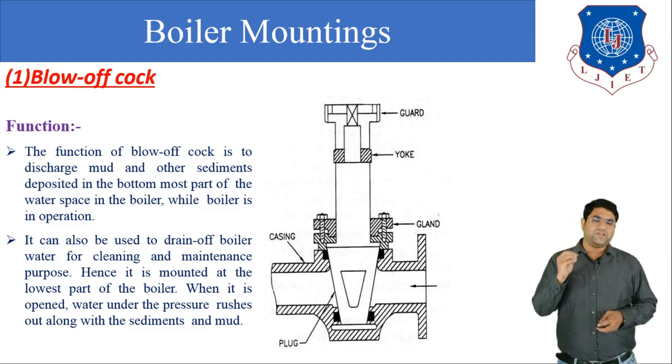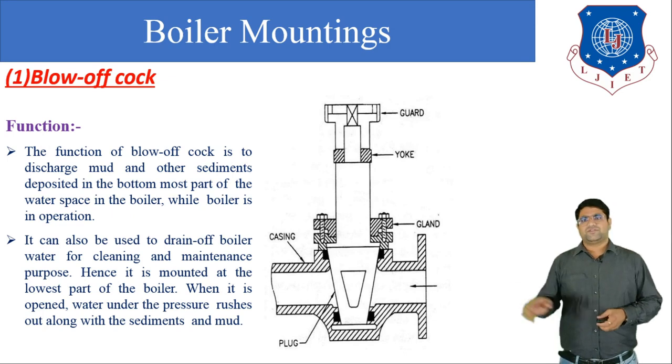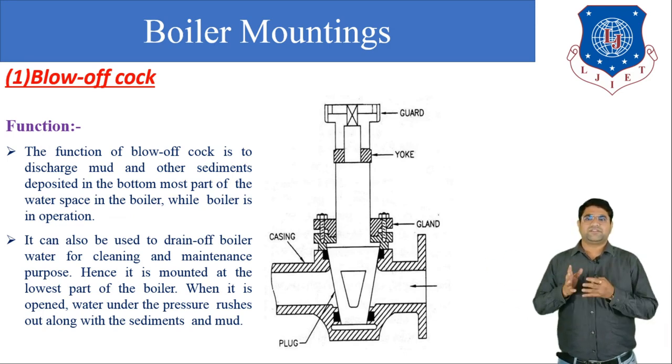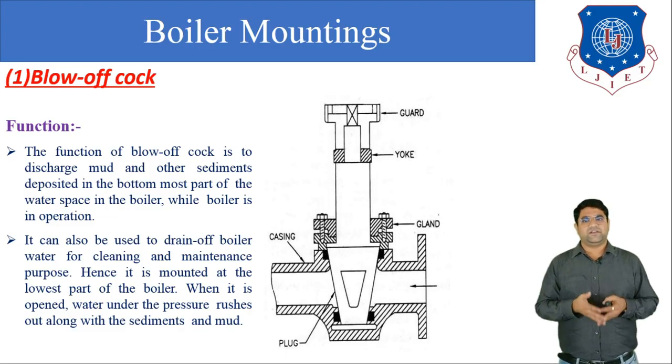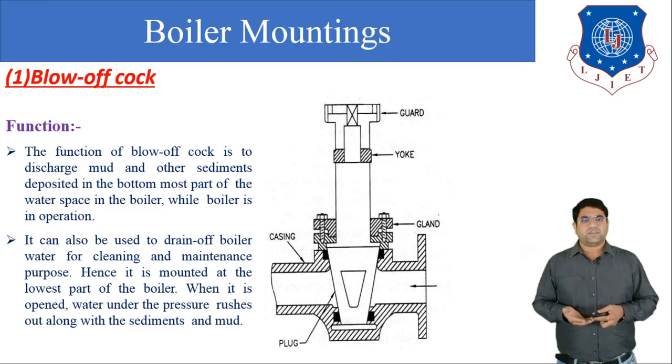To remove that mud and impurities, we use the blow off cock. The function of the blow off cock is to discharge the mud and other sediments which are deposited in the bottommost part of the water space of the boiler.